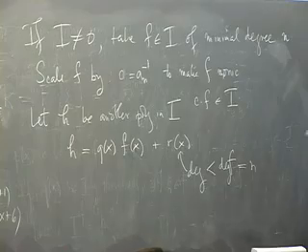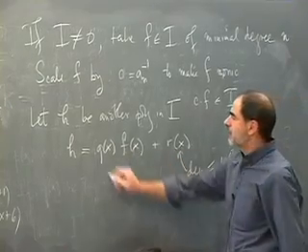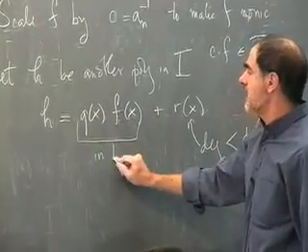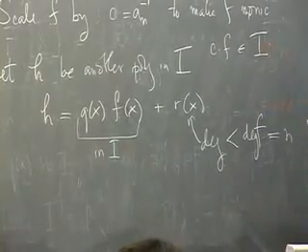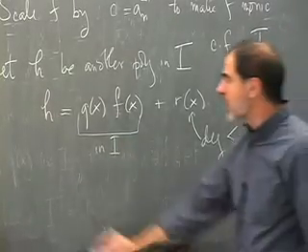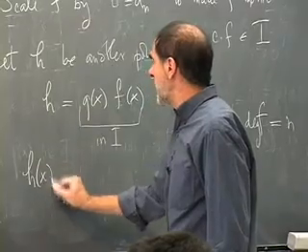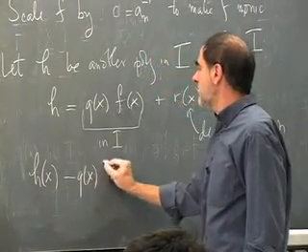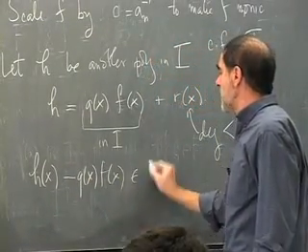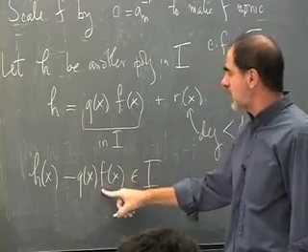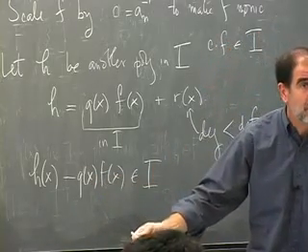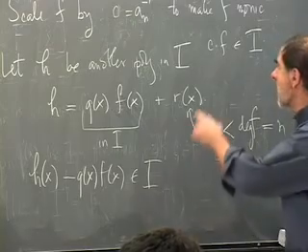F of x is in I. Therefore, this multiple is in I because it's stable under multiplication from the ring. Therefore, h of x minus q of x times f of x is in I, because here's an element in I, here's an element in I, and I is a subgroup. Therefore, r of x is in I.